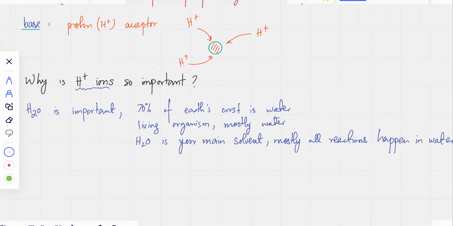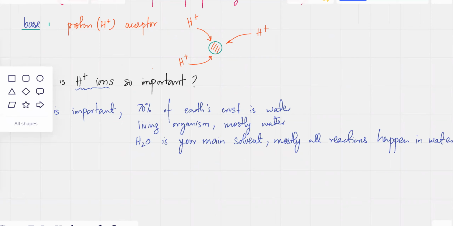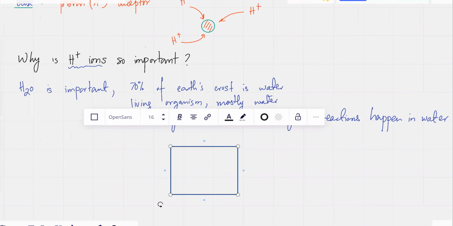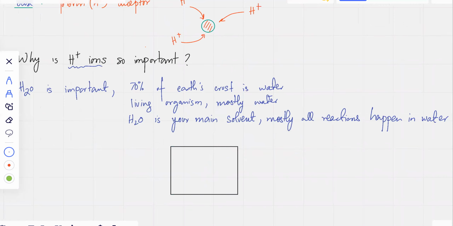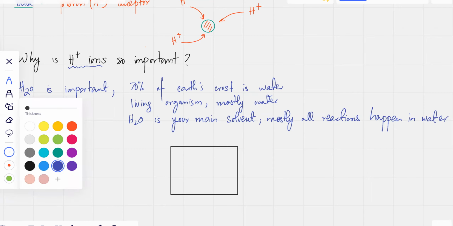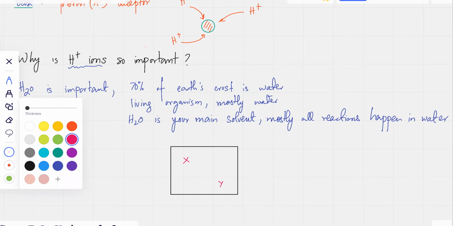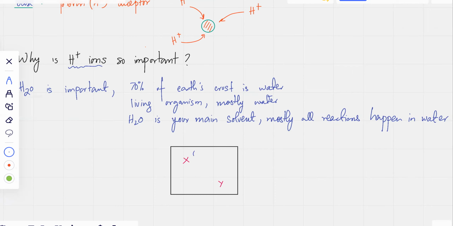So let's say you have a cell, let's say this is your cell. The cell is full of water molecules. There are water molecules everywhere. And there are two molecules trying to react with each other: the molecule X that's reacting with molecule Y. And the rest of the cell would be completely full of water.